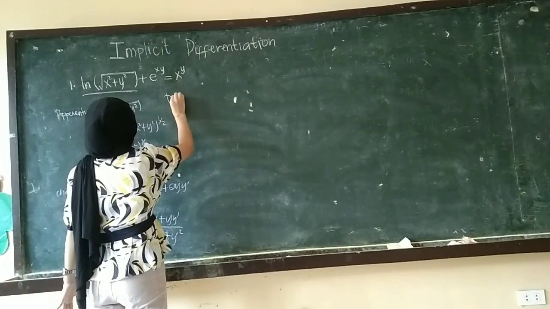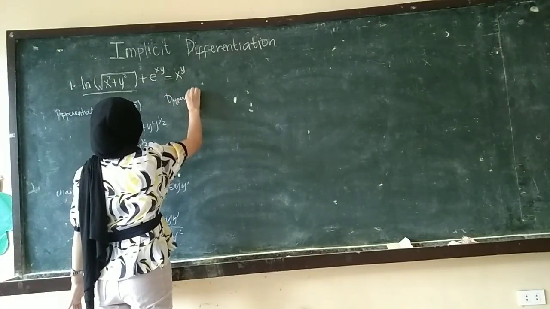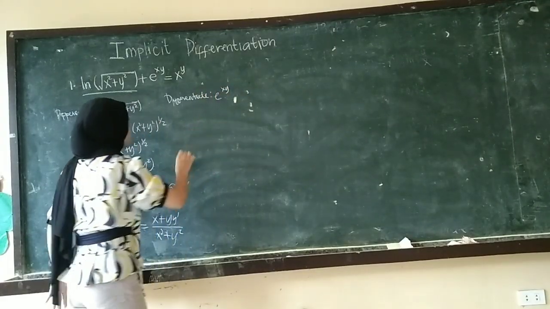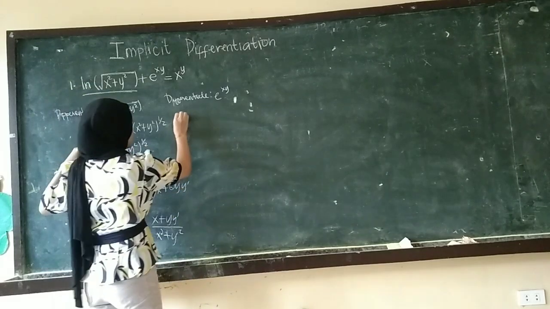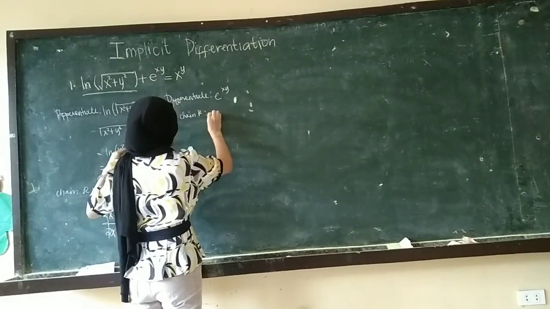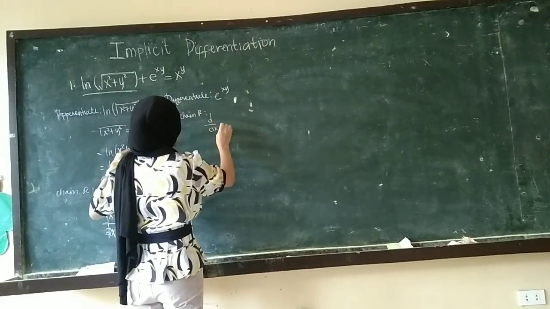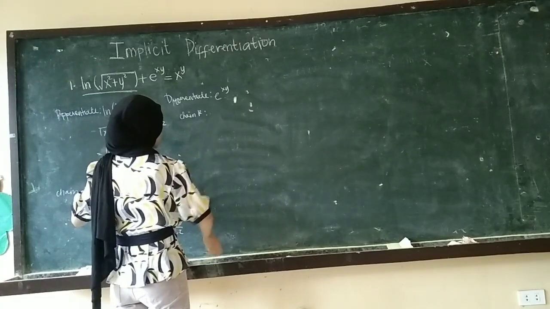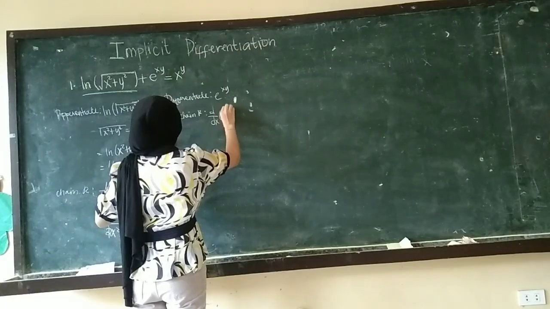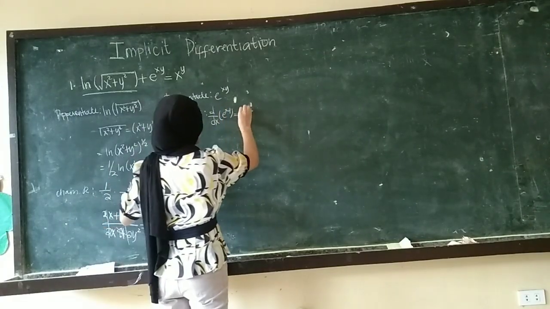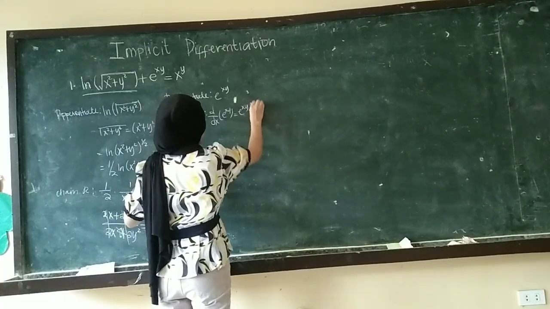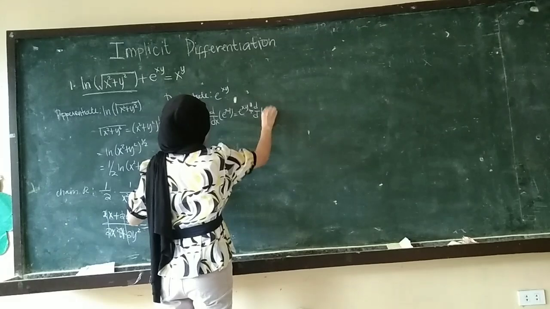To differentiate it, we are going to use the chain rule. So it will be d over dx of e raised to the power of xy, which is equal to e raised to the power of xy multiplied by d over dx of xy.